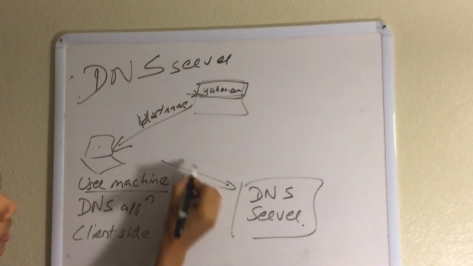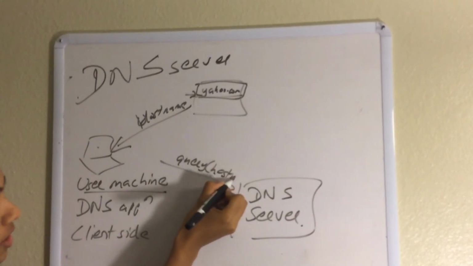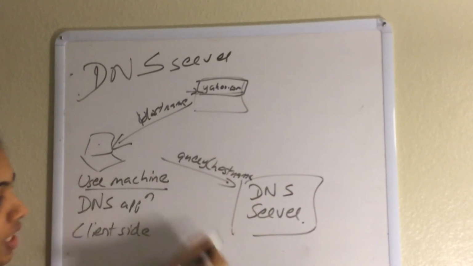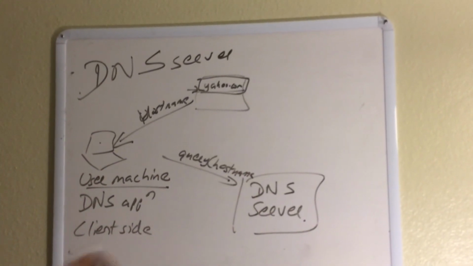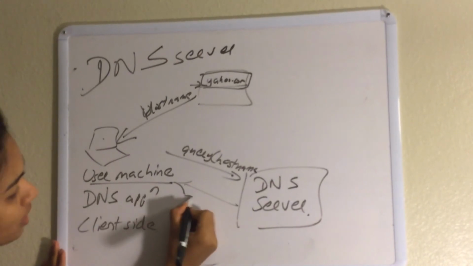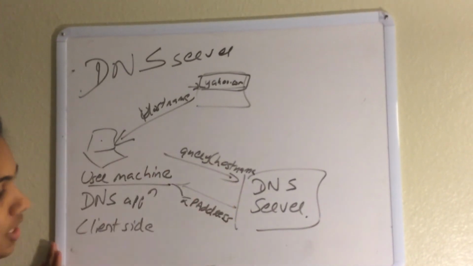This in fact queries the DNS with this host name. The DNS server looks up the IP address and then returns a response, that is, the IP address of the corresponding host name.